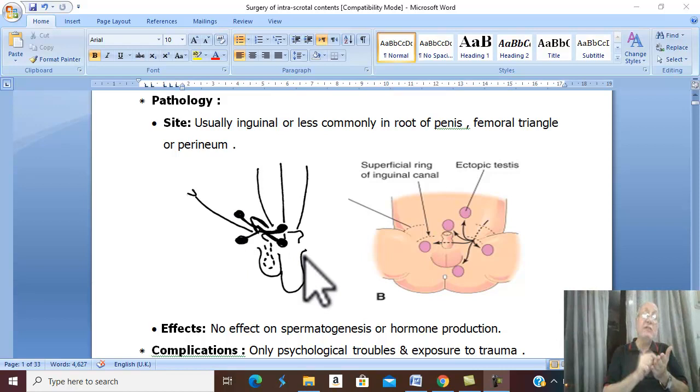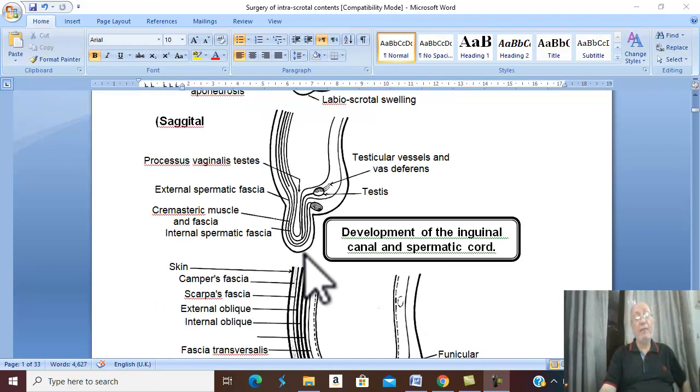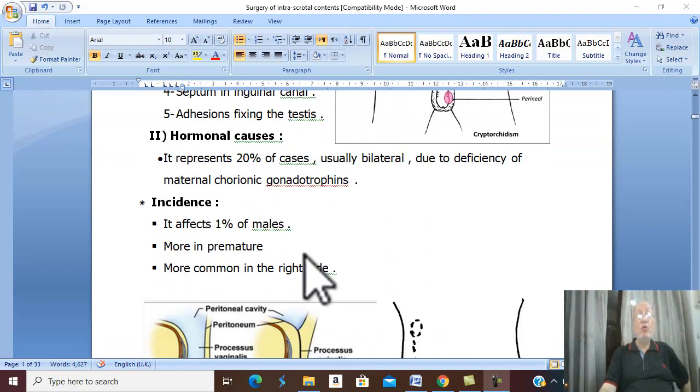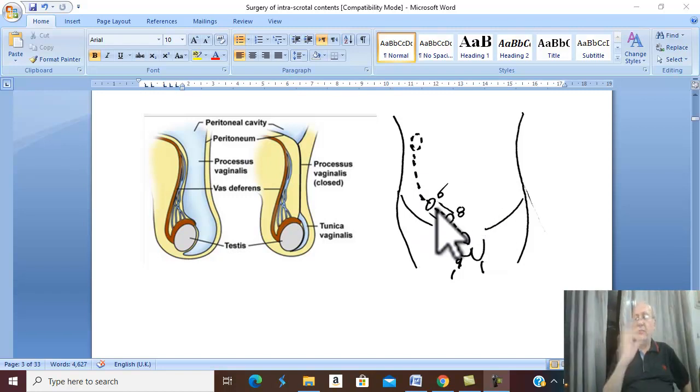In contrast, in undescended testis the spermatic cord is short. In undescended testis, the testis is arrested, for example here in the inguinal canal, with a short spermatic cord.